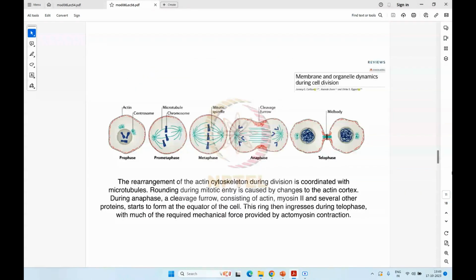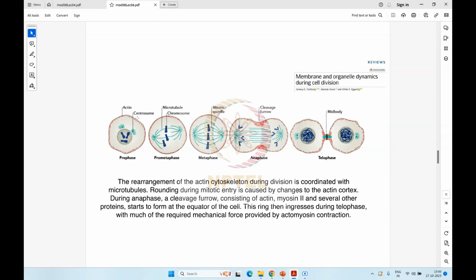Again, this basically mentions that the actin cytoskeleton is going to be rearranged, and there is also going to be a rearrangement in terms of how the lipid components are going to be present in both the cells.